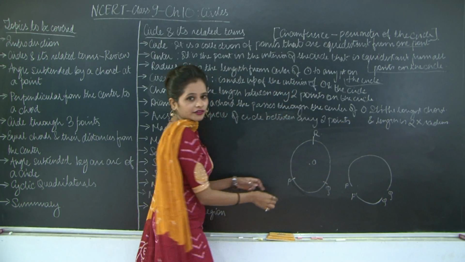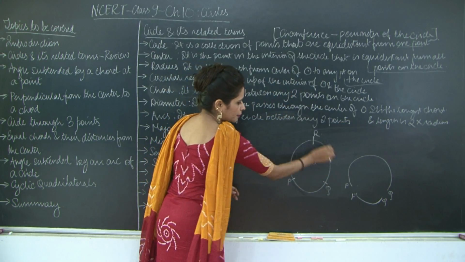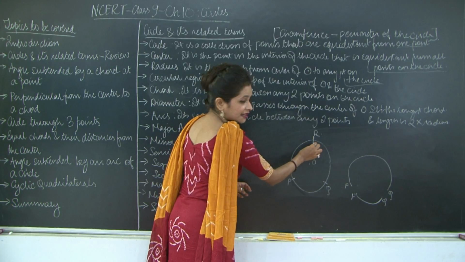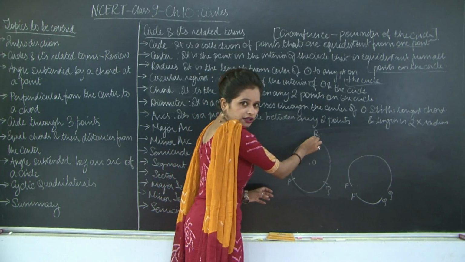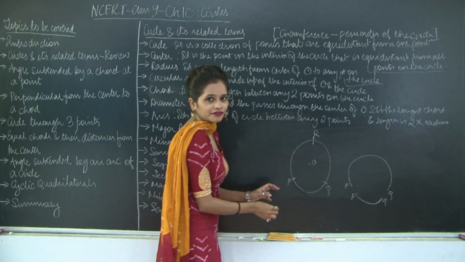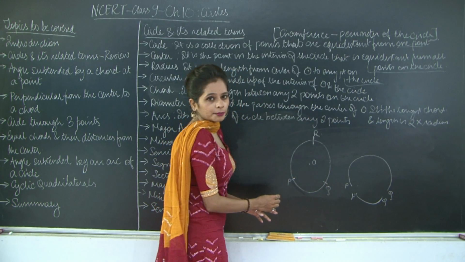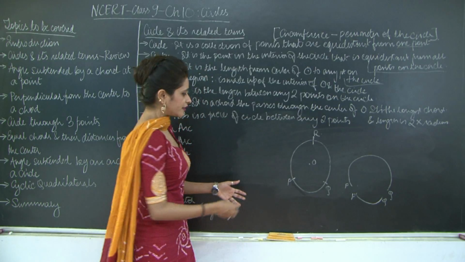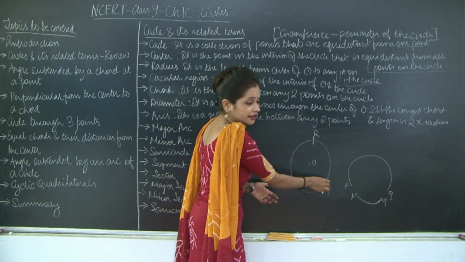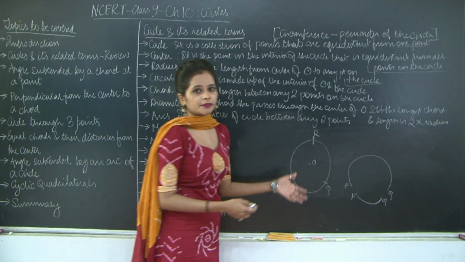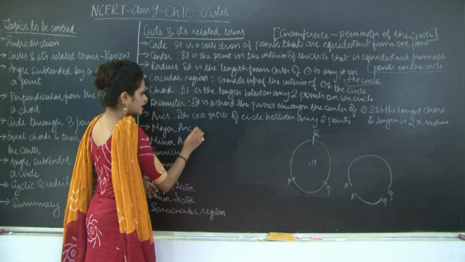We usually define a point on the major arc so that you can differentiate, because if I just tell you PQ is the minor arc and PQ is the major arc, it would be difficult for you to differentiate. But if I say that PQ is the minor arc and PRQ is the major arc, then it makes more sense.